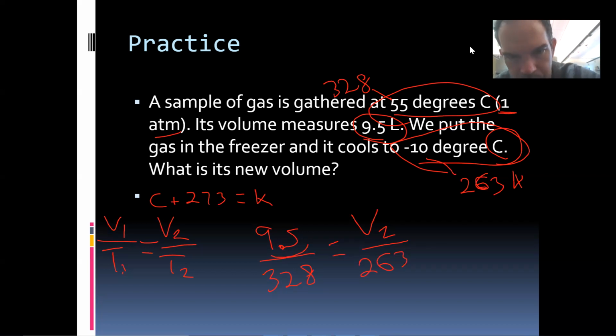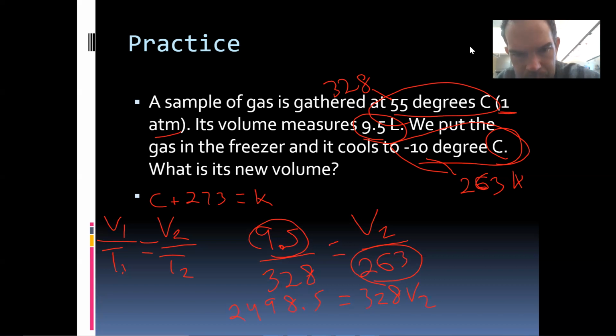So again, I'm going to cross multiply 9.5 times 263, and I'm ending up with 2498.5, big number, equals 328 V2.